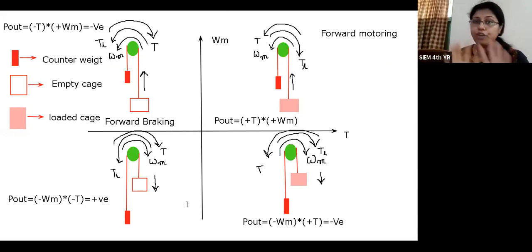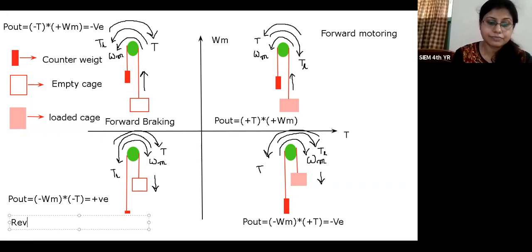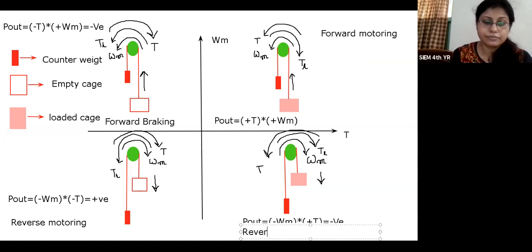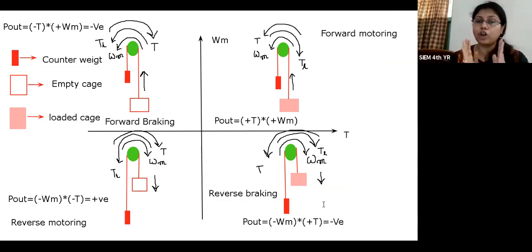The third quadrant is called reverse motoring. And the fourth quadrant is called reverse braking.